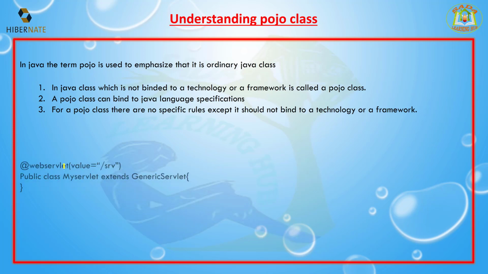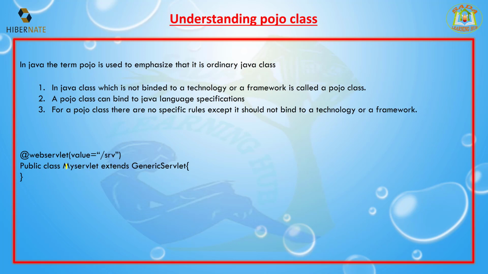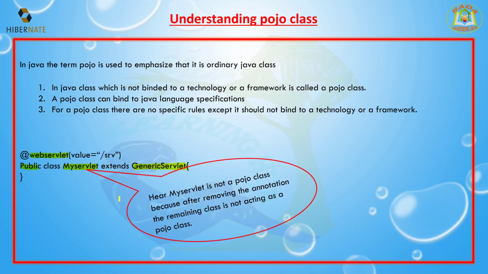Coming to the next example, I'm creating a MyServlet class. I'm giving the access specifier as public. I'm putting the annotation called WebServlet. Now I'm extending from GenericServlet. See here, this is not a POJO class. Why?